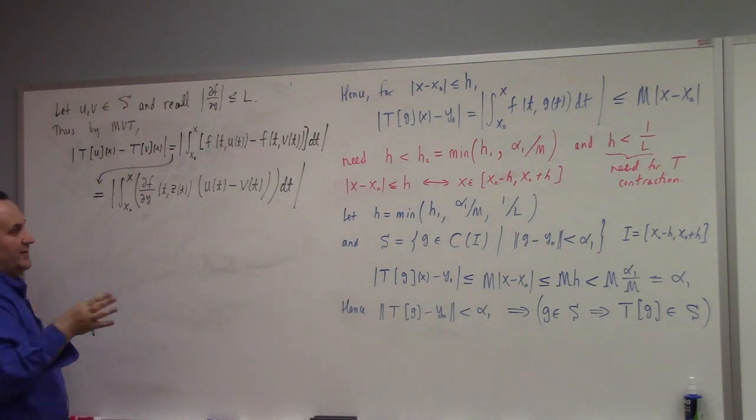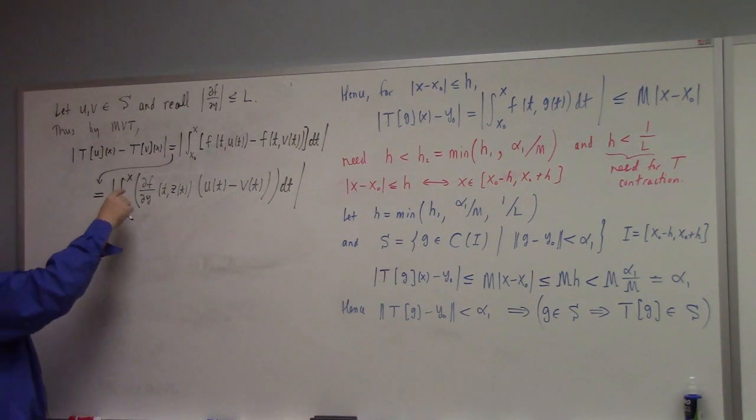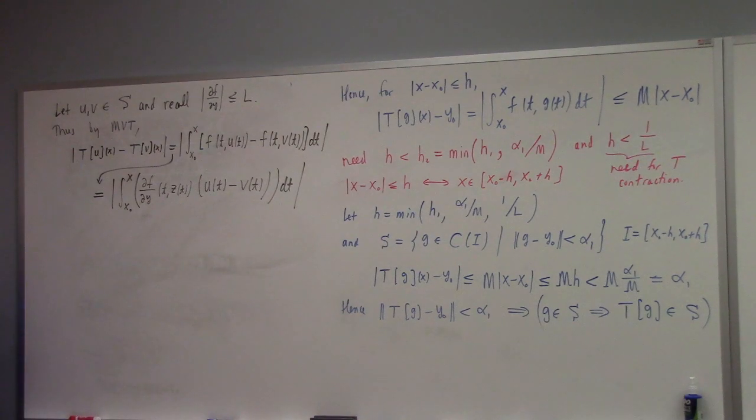And that holds not just for one time, but for every time. We're really applying the mean value theorem at each time. So it's an application of the mean value theorem infinitely many times, actually. One for each t between x naught and x, yeah? So it's sneaky. But there it is.